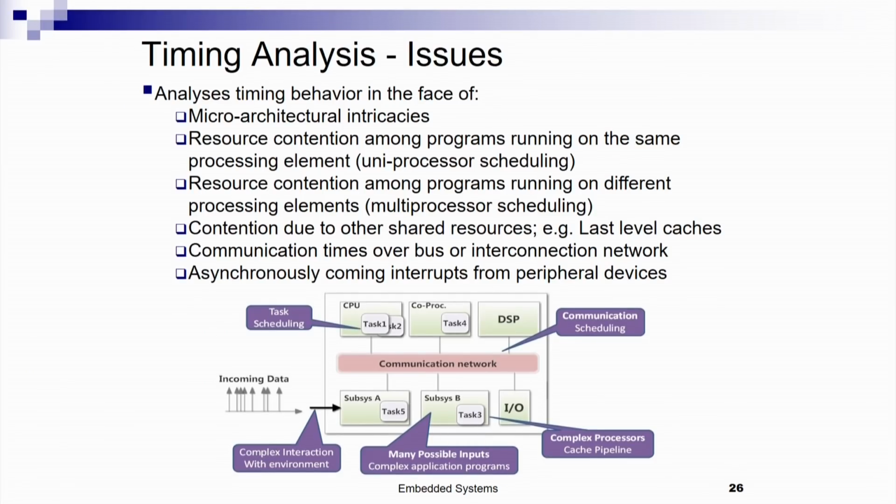Also, asynchronously coming interrupts from peripheral devices, certain interrupts come and stop your processing. So, even in the face of that, what is the bound on the time that certain events will take? Timing analysis has to take care of all these issues, and we will have an overview over the lectures as to how the design takes care of all these issues.